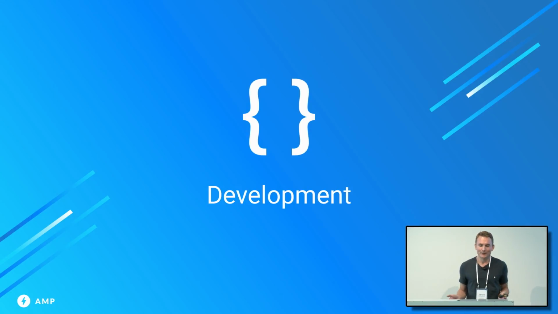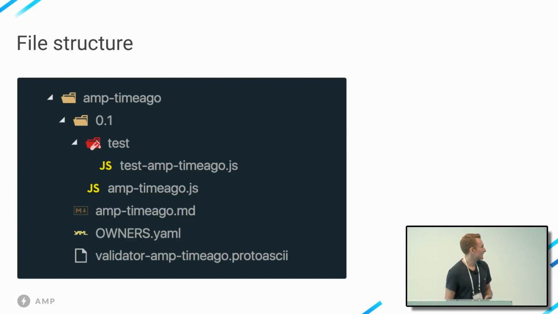Okay, so once we've got to the point of deciding that we're creating a new component and we have an idea of how it should be architected, we can dive in and start writing some code. And this is the minimum file structure that we would need. So we have the amp-timeago.js file, which is where most of our functionality should live.